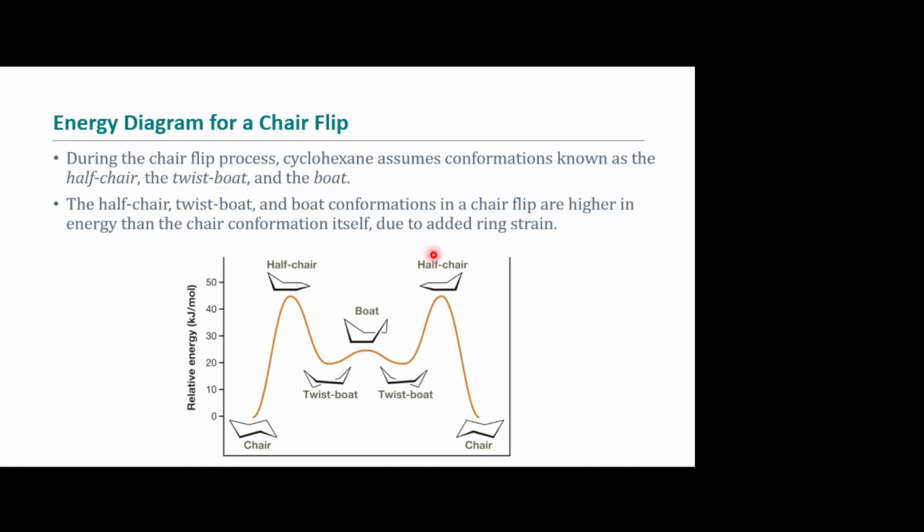So this right here is the energy diagram for the chair flip. This is actually our conformational interchange for this chair conformer. And so what we see here is that we actually have a multi-part process. The two different versions of the chair conformer are going to end up being the same energy, so we don't have any differences.